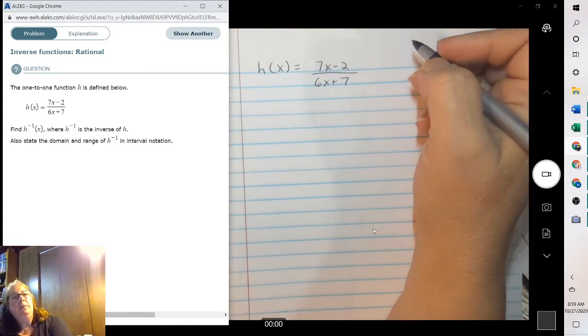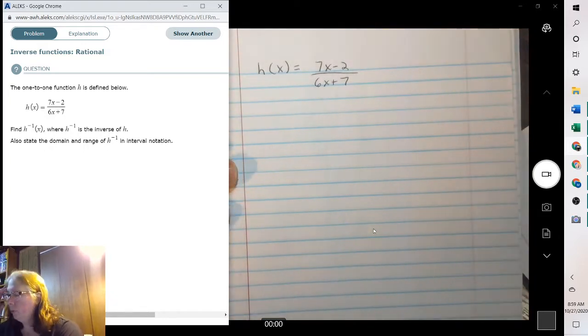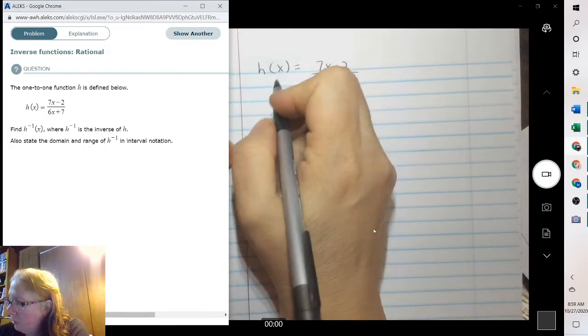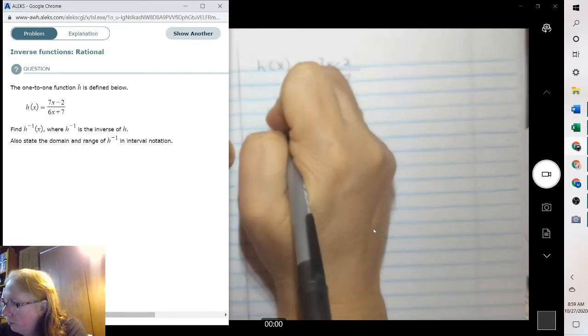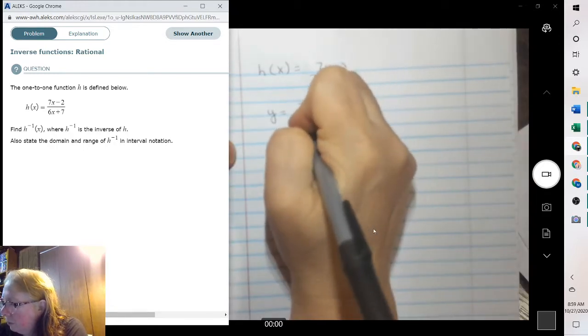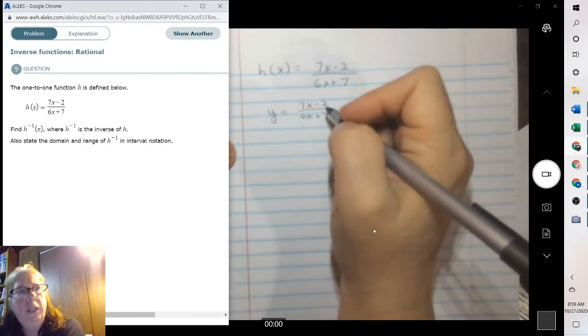Okay, so they want us to find h inverse and find the domain and range of h inverse. So first thing, we'll find the inverse. Change h of x to y. And then change your x and y.